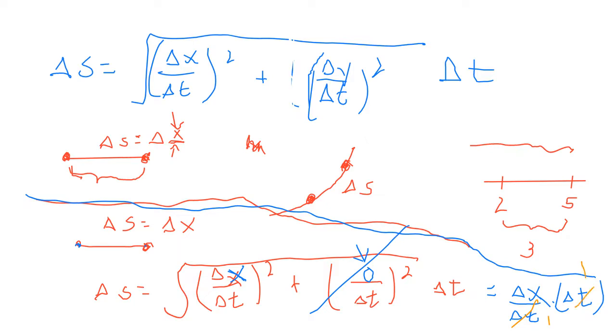They simplify out, leaving you with delta X. So in other words, in the arc length formula, what I'm trying to justify is, I want to say it the right way, the following.